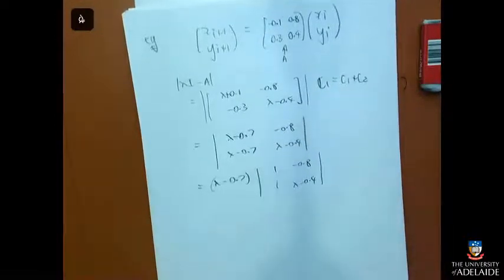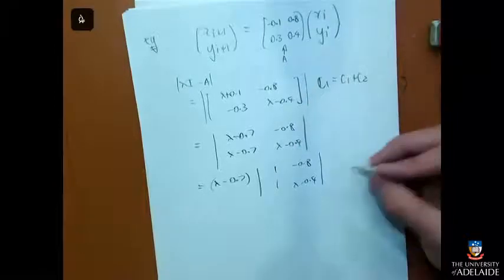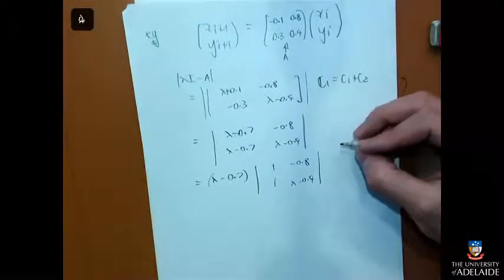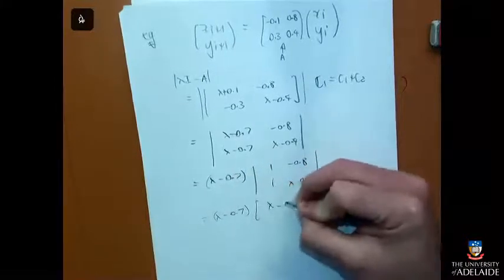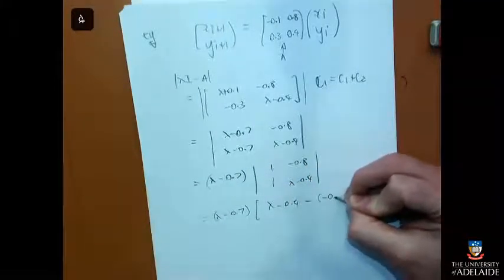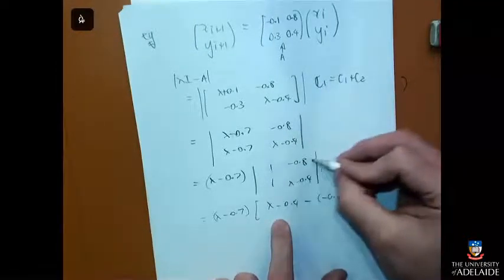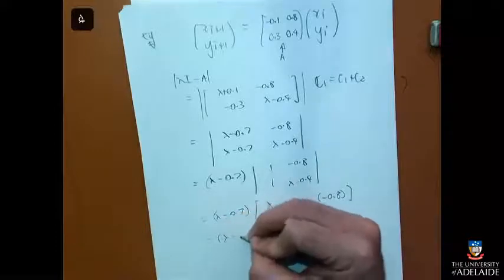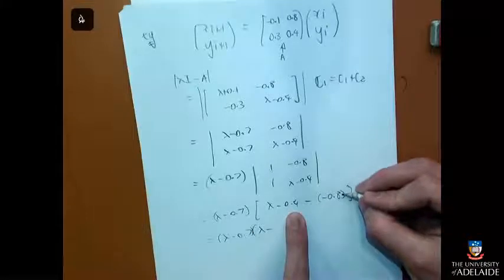Now, it was just a lucky guess. Well, I mean, I set this up so that that would happen, but it was just a lucky guess of attempting to see what would happen if I added my columns together to see if it gave me something that matched in both positions. So I get lambda minus 0.7. So this one I'm going that minus that.